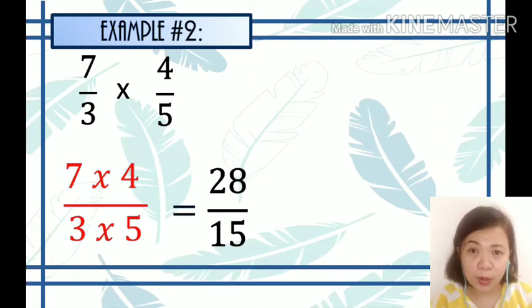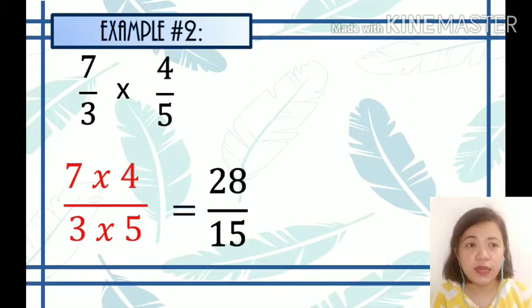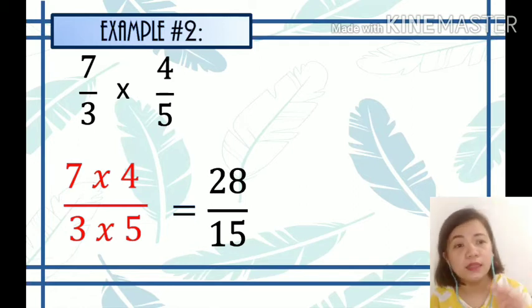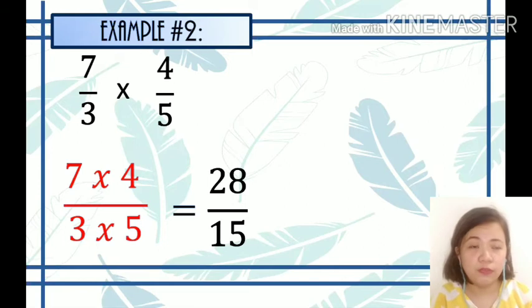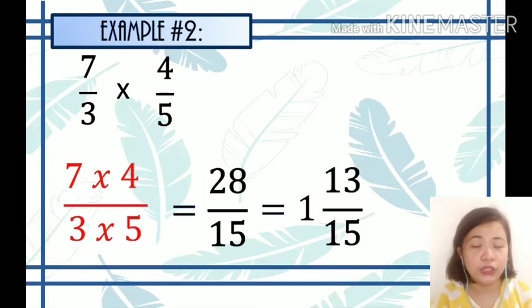For an improper fraction, if we're going to change it into a mixed number, just divide your numerator, which is 28, by its denominator, which is 15. If we divide that, 28 over 15, we come up with 1 and 13/15.